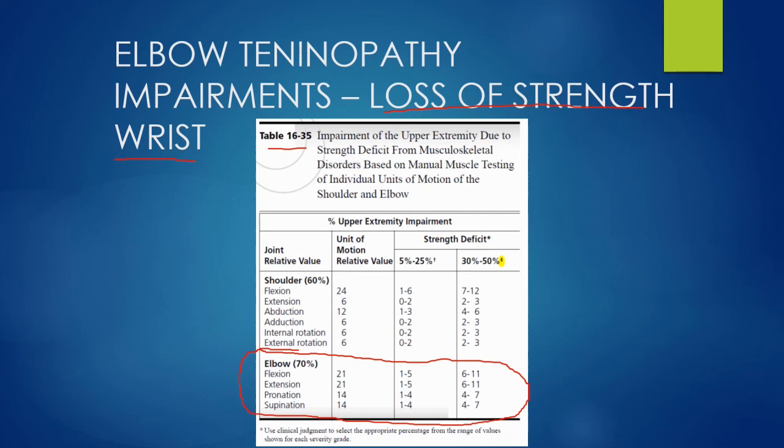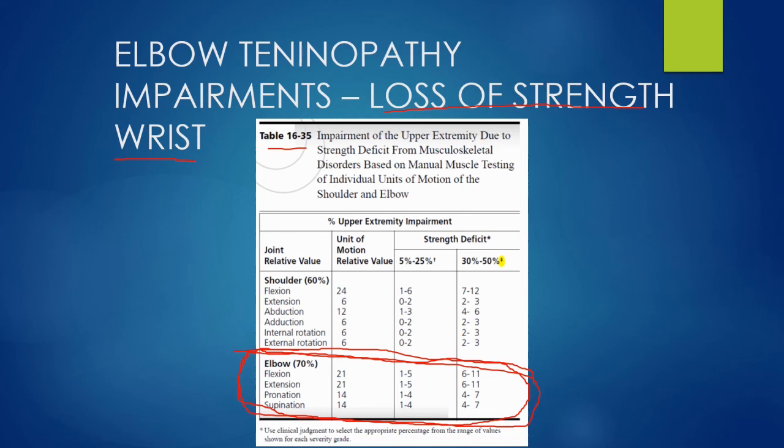But you can analogize the unlisted condition with another listed condition, which is listed here as loss of strength of the elbow. So if you believe it appropriate and you can provide a good how and why reasoning, you can analogize this table to your findings for loss of strength at the wrist, thus giving you another opportunity to provide for permanent impairments due to lateral epicondylitis.